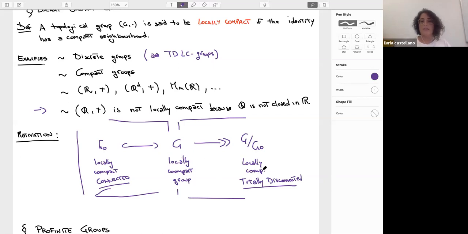So TDLC, totally disconnected locally compact groups, plays a role in the structure of locally compact groups.